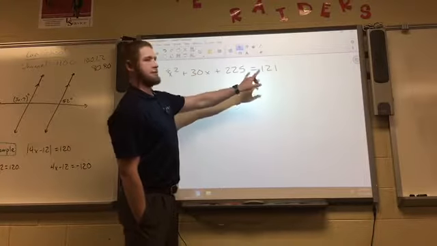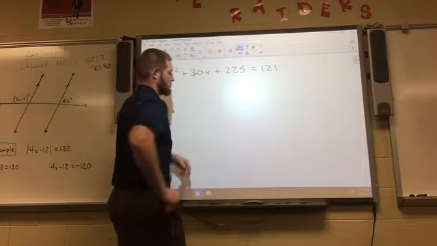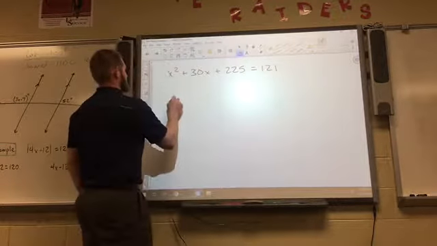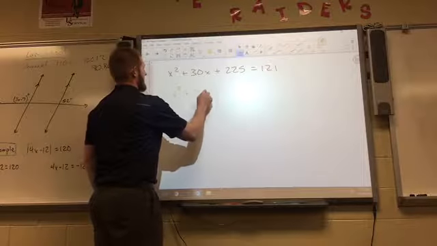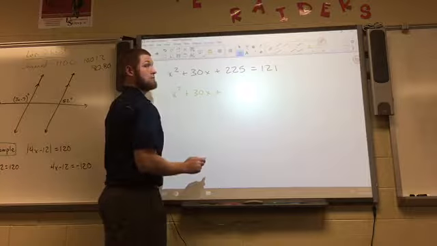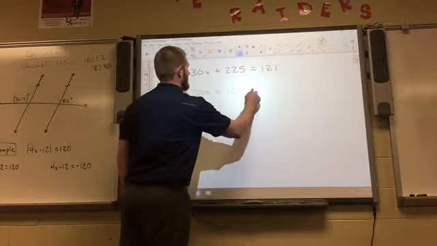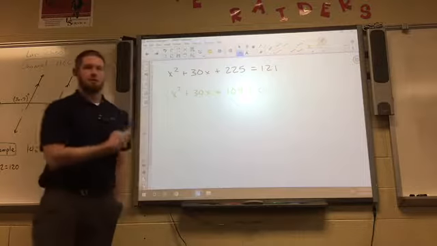That doesn't matter. Just get it equal to 0. So we subtract the 121. So I have x squared plus 30x plus 104 equals 0. Now I have it in standard form.